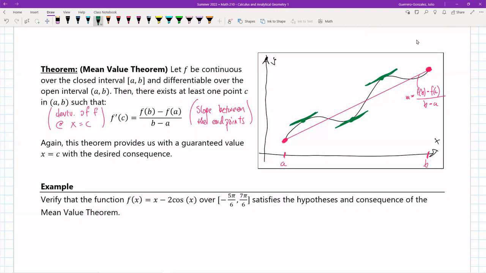We are guaranteed at least one of these. So this can be the value C, this can be the value C, this can be the value C. We're guaranteed at least one value where the derivative at that point is equal to the slope between the endpoints. That's what it's basically saying.